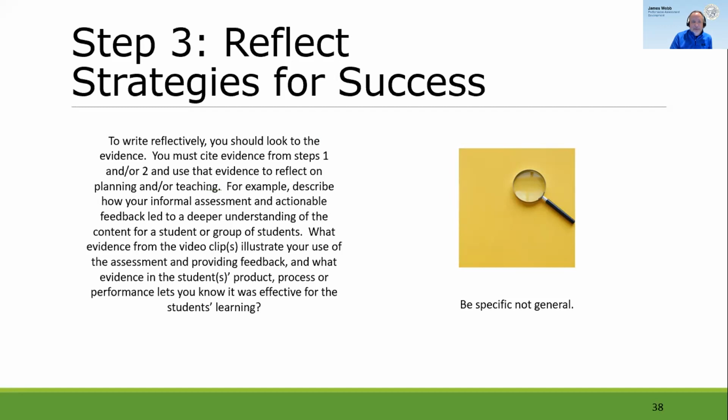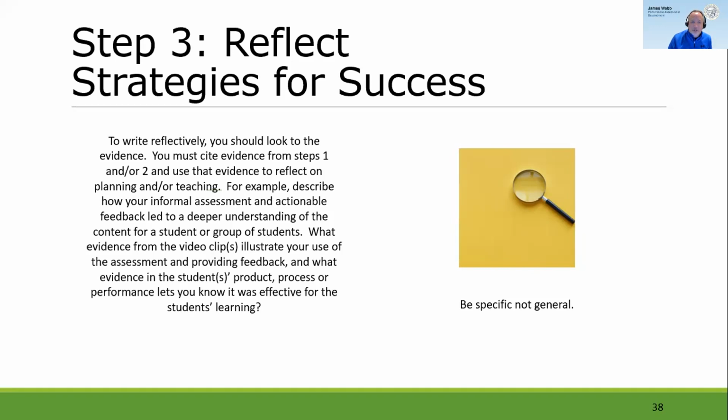Let me give you an example. You might say, in the video clip in which I was utilizing educational technology, I noticed that I didn't provide enough directions or modeling to assist the students in utilizing the Jamboard.